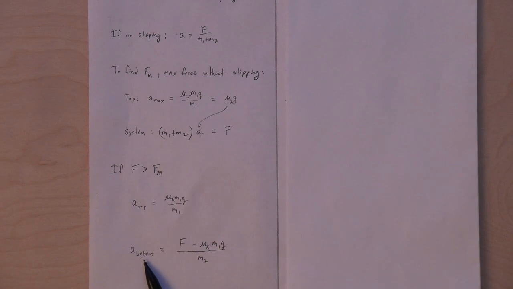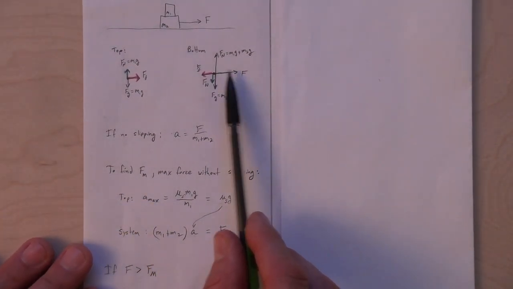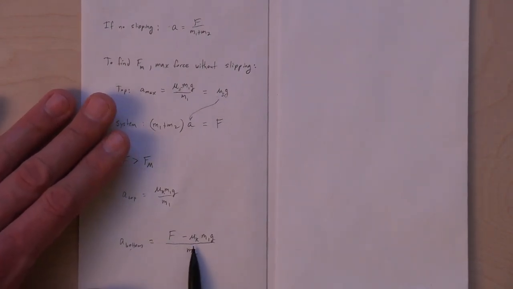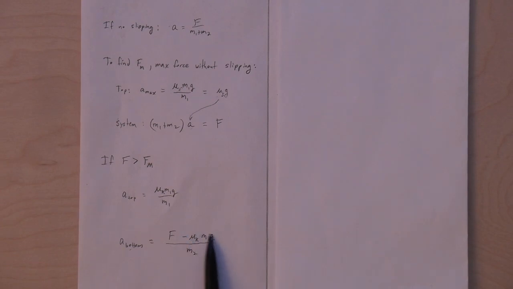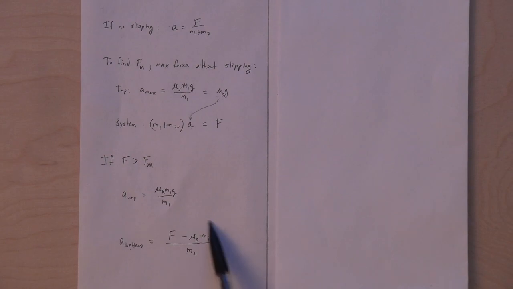And I have to use forward force minus the backward force over the mass to get the acceleration. If I look back at the force diagram, the forward force is F and the backward is friction. So forward force F minus the friction, which is mu F normal, the normal force of only the top block, because that's the normal force that's creating the friction. And here I don't put M1 plus M2, because the blocks are not together anymore. So M2 is going to have its own acceleration. It has to be treated by itself. So we only put its mass there.